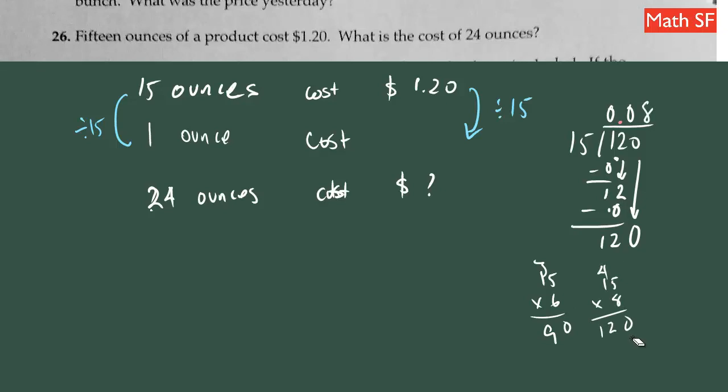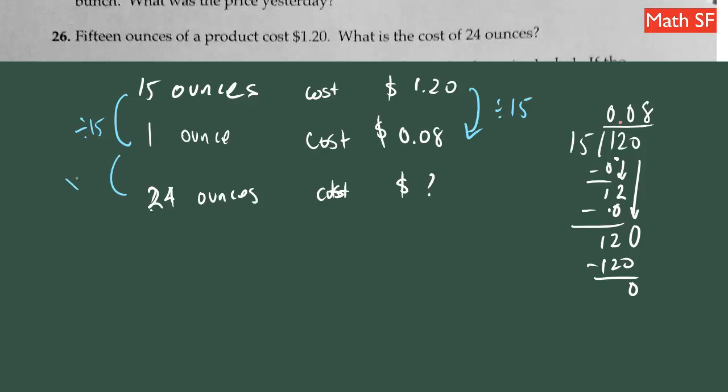Yes, that went 8 times. So 1 ounce costs 0.08 of a dollar. That's what 1 ounce costs.